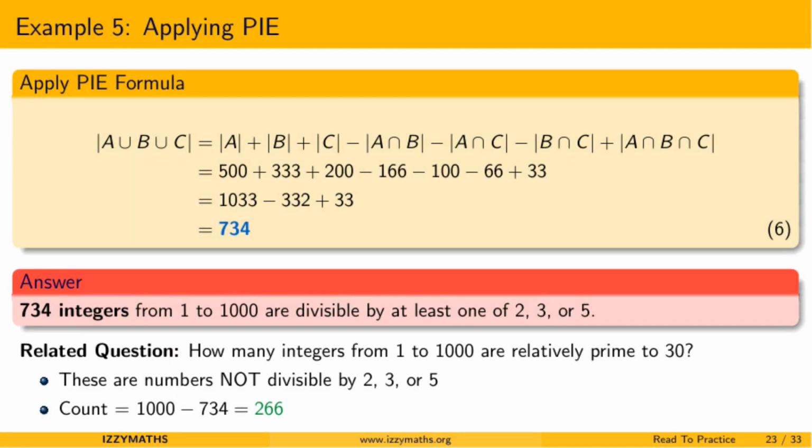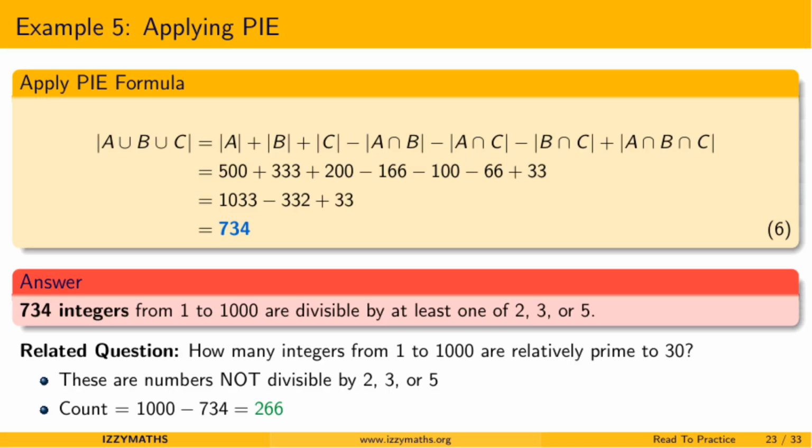Now we apply the PIE formula. The absolute value of A union B union C equals the absolute value of A plus the absolute value of B plus the absolute value of C minus the absolute value of A intersection B minus the absolute value of A intersection C minus the absolute value of B intersection C plus the absolute value of A intersection B intersection C. Substituting our values: 500 plus 333 plus 200 minus 166 minus 100 minus 66 plus 33.